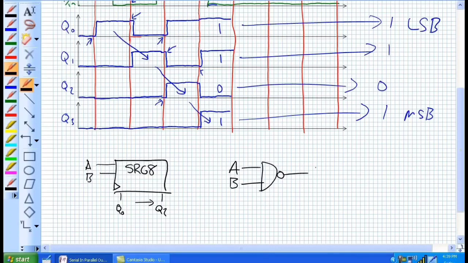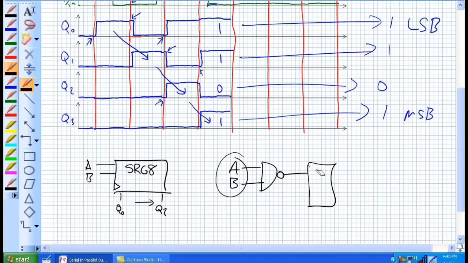If you could just imagine that same shift register that I just drew upstairs with just a NAND with A and B. So you've got a little bit of logic connections there, although it's actually implemented with SR latches.